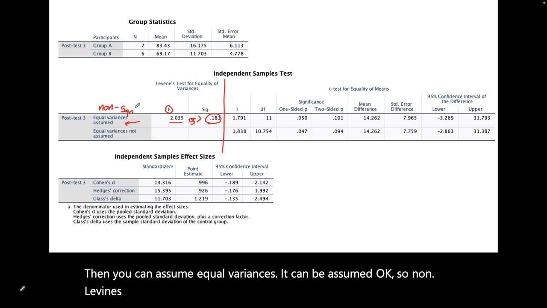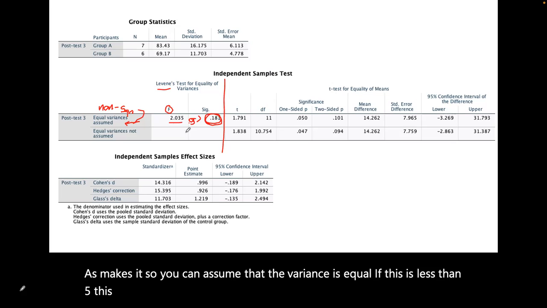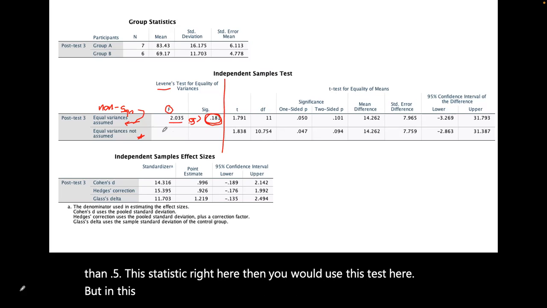This is called Levene's test up here. It makes it so you can assume that the variance is equal. If this statistic right here is less than 0.05, then you would use this test here. But in this case, because the variance is equal, we can ignore this area here, okay?